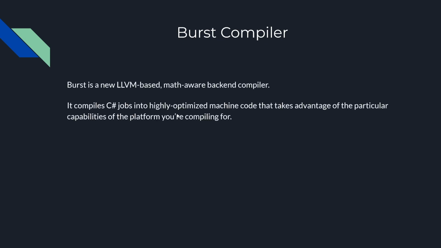The burst compiler is a subset of C# that is highly optimized for speed. Most of this is done by default, so we don't actually have to explicitly tag jobs for the burst compiler, I believe. So this is just kind of how the burst compiler will just work.